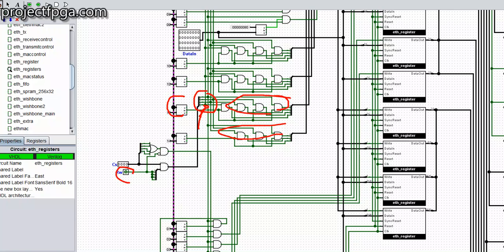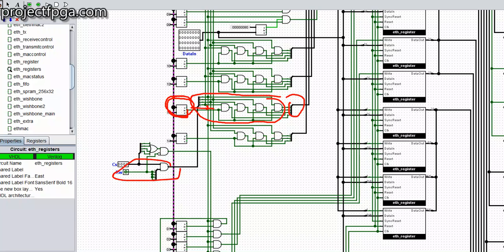So this chip select signal comes here and mixes with the other signal, so they are combined together here and here. Whenever they combine together, we get these signals here.